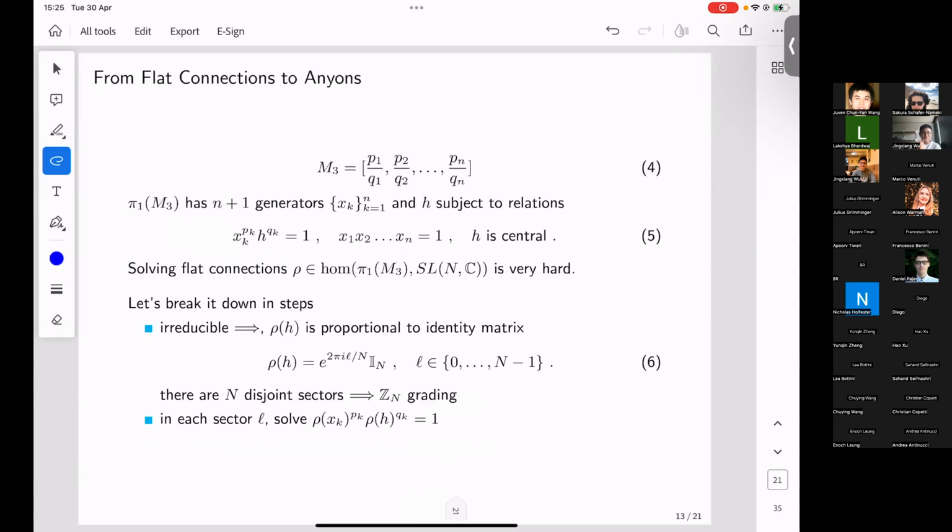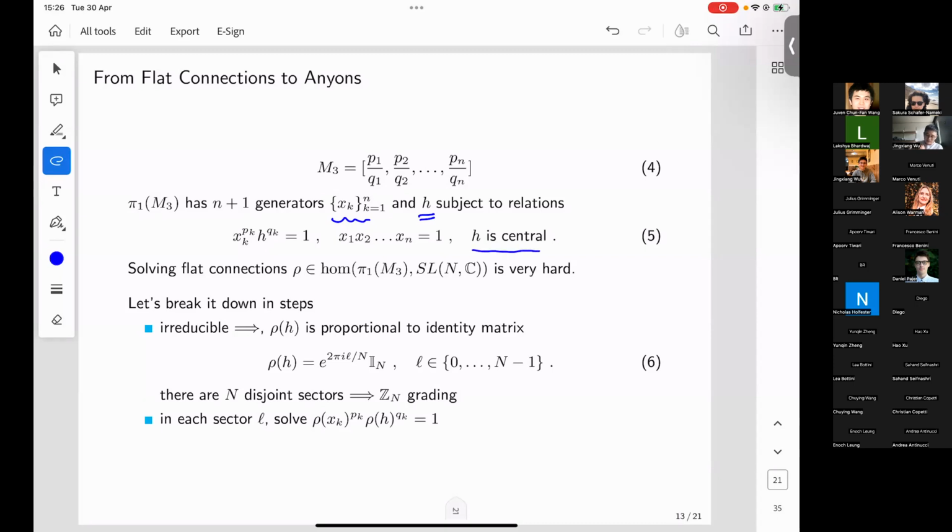In order to understand this correspondence, we need to look at the flat connections and how to solve them seriously. This is a Seifert manifold, and the fundamental group is known. It's described by n+1 generators: n of them called X, and an additional one called H. It's subject to 3 types of relations.